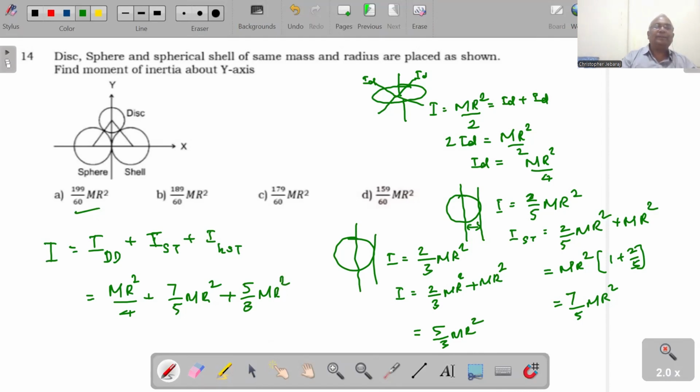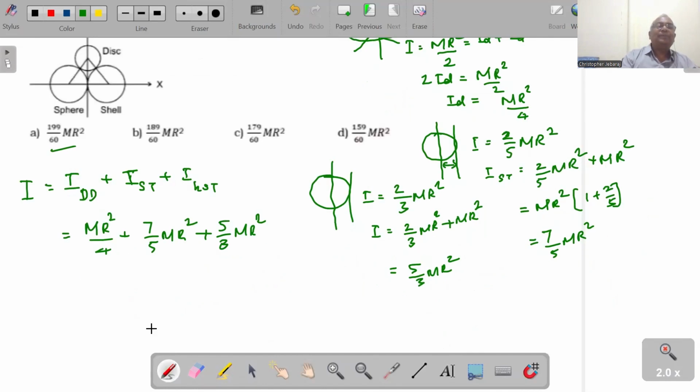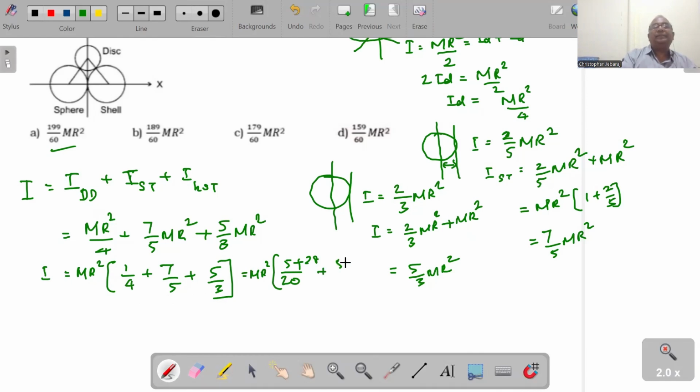Let us add these first. Take mr squared common. I will be equal to mr squared into 1 by 4 plus 7 by 5 plus 5 by 3. First, solve these two: mr squared into 20, 5 plus 28, plus 5 by 3.